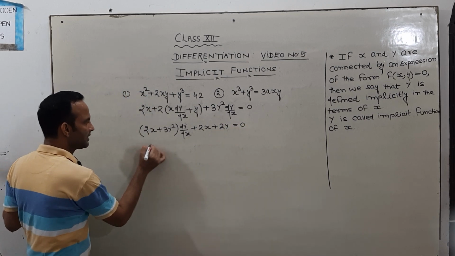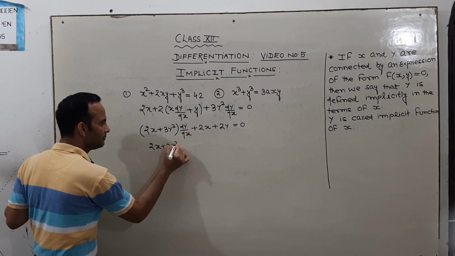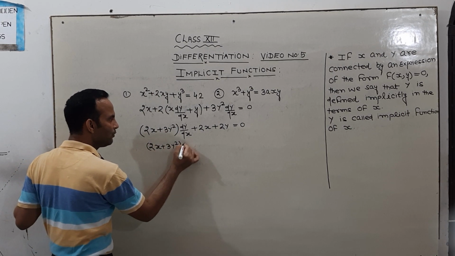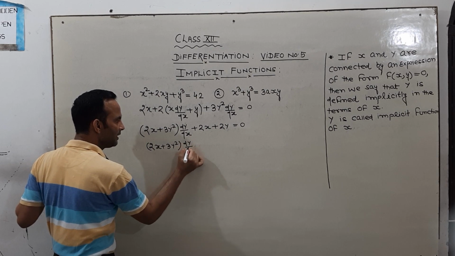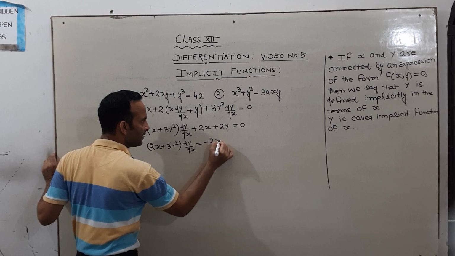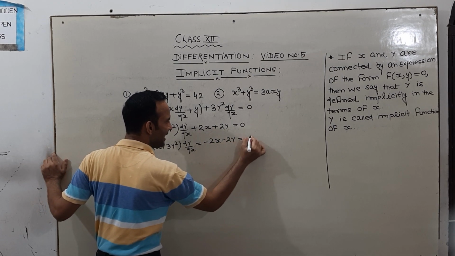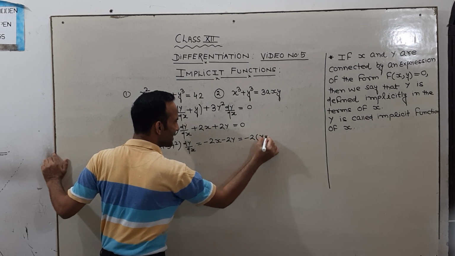See, this is what? 2x plus 3y square, dy over dx, is equal to negative 2x, negative 2y, which can be written as, taking common negative 2, x plus y.